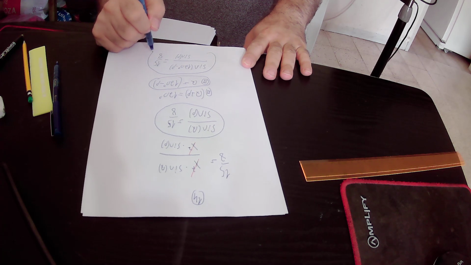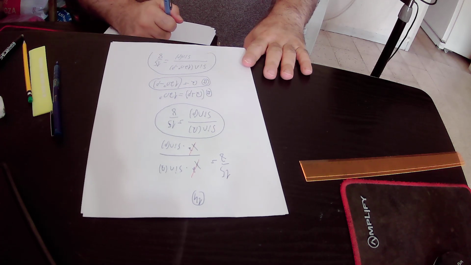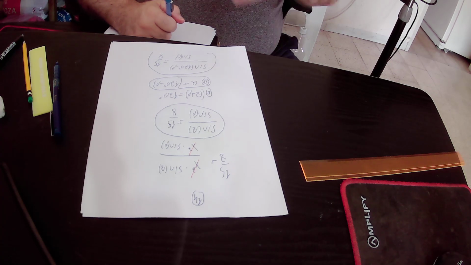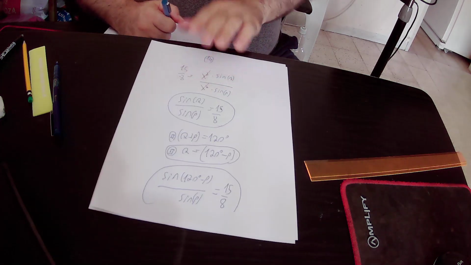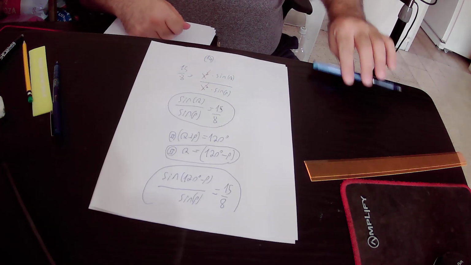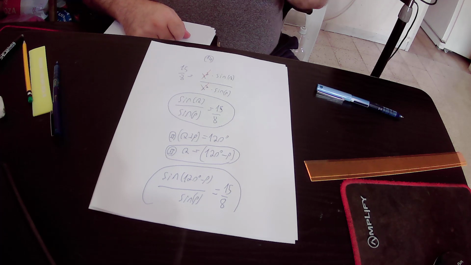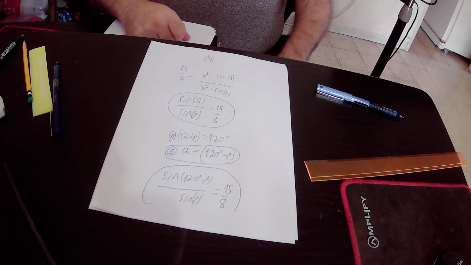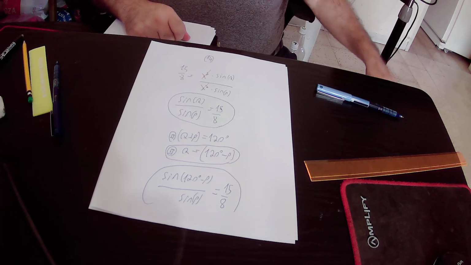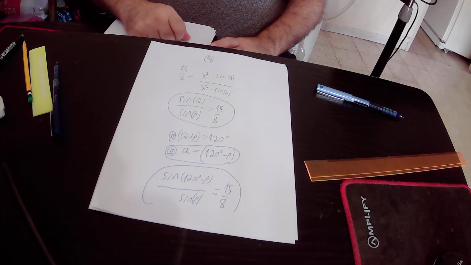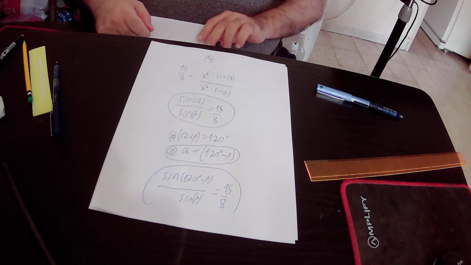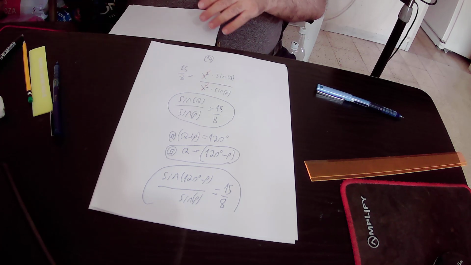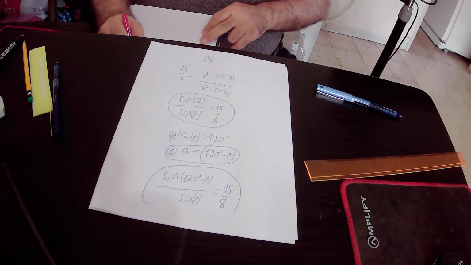Okay, sine 120 degrees minus P over sine P equals 15 over 8. So in the next step I will present to you a trigonometric identity, and we will use the trigonometric identity in order to calculate the value of sine 120 degrees minus P.